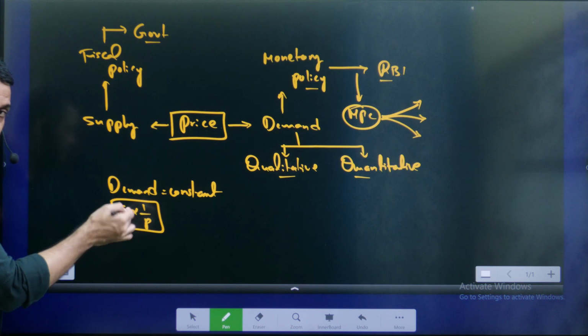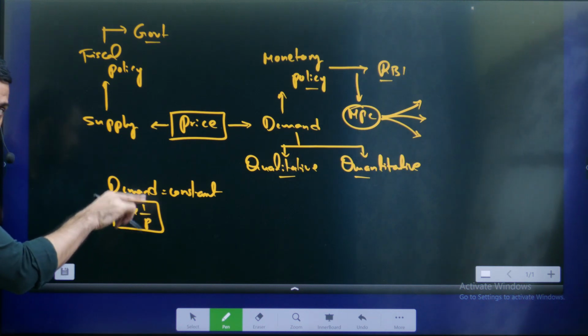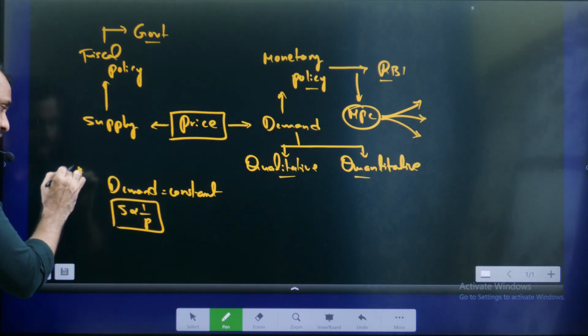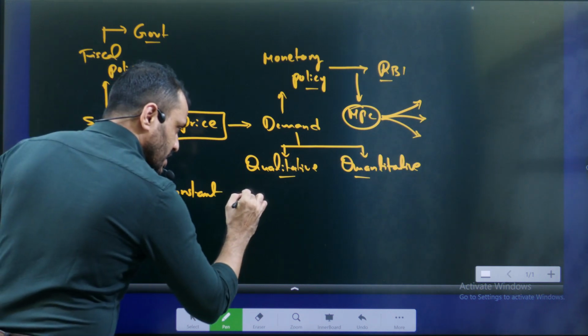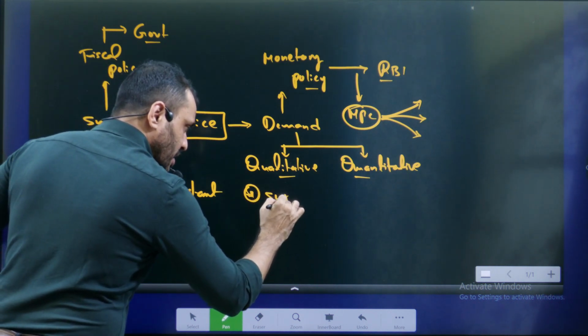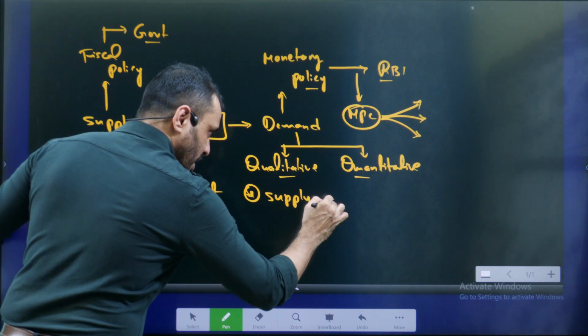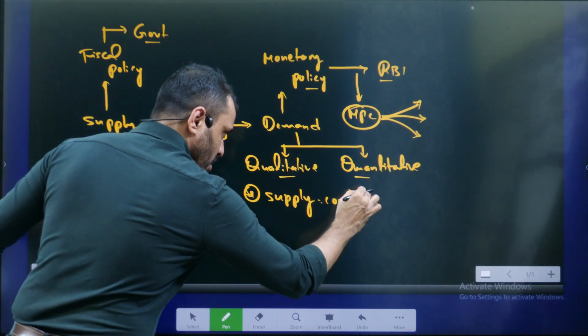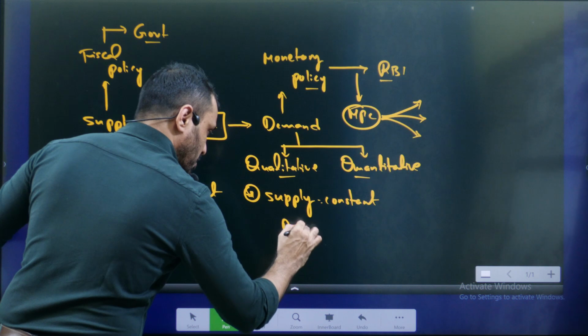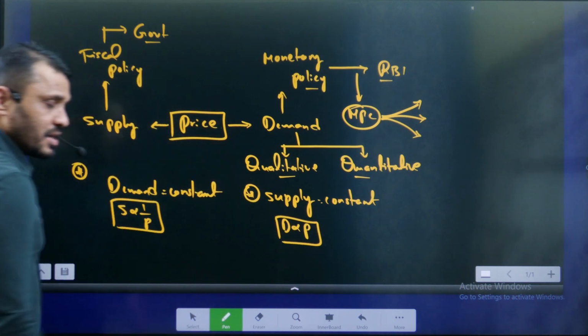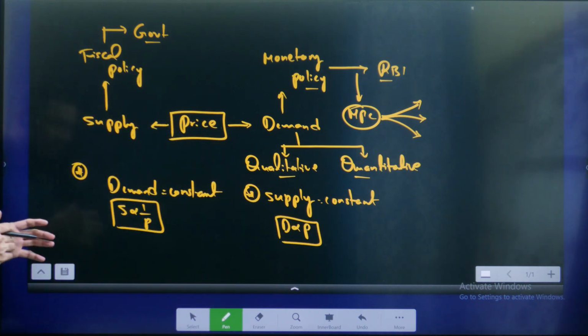If supply increases, price will drop. If supply reduces, price will increase. This you have to understand. In case supply is constant, then more demand will increase the price. Less demand, less price. This is the one you have to understand.